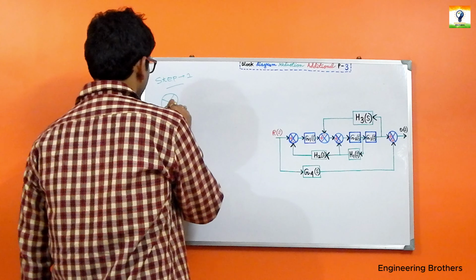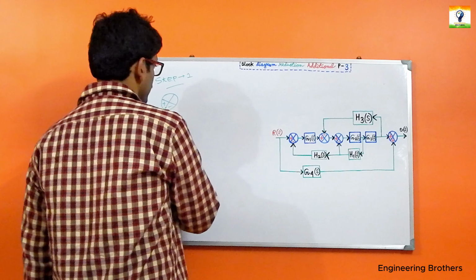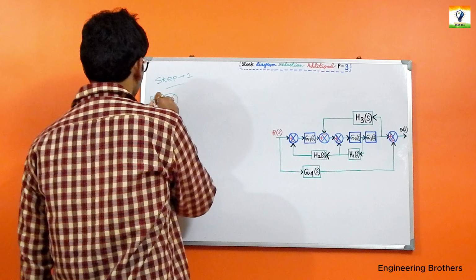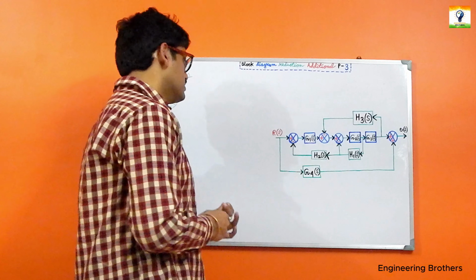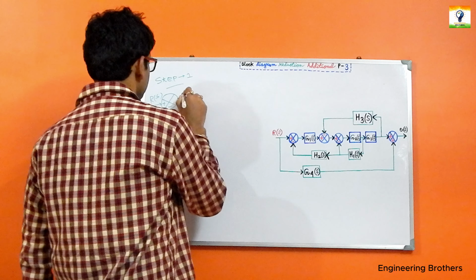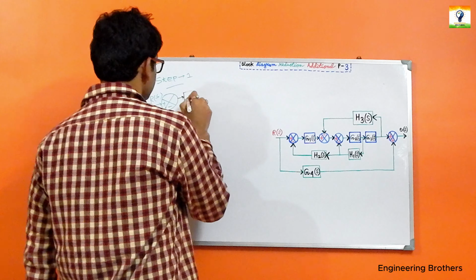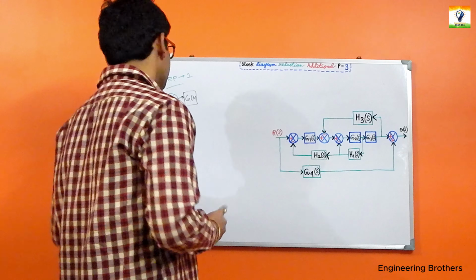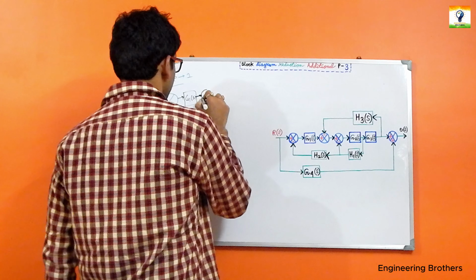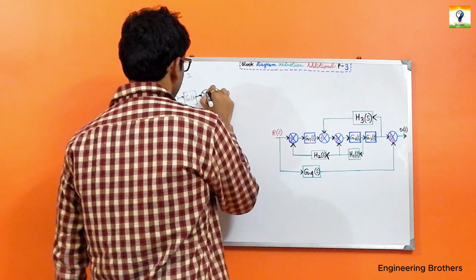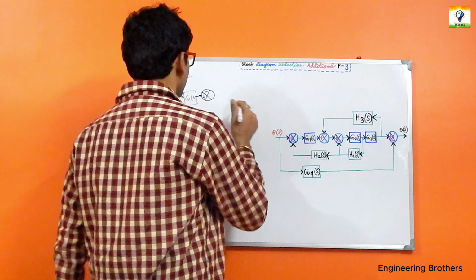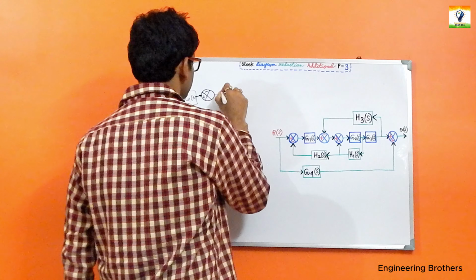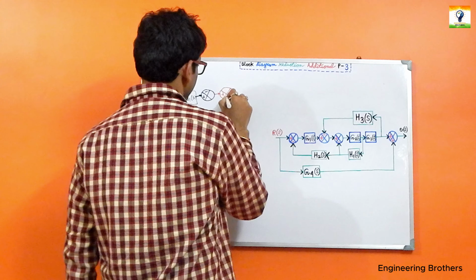From the left hand side of the diagram, this is plus, this is minus, and on the left we have R(s). Going on with our analogy, we have G1(s), then a plus minus summing block, and then another summing block which is again plus minus.